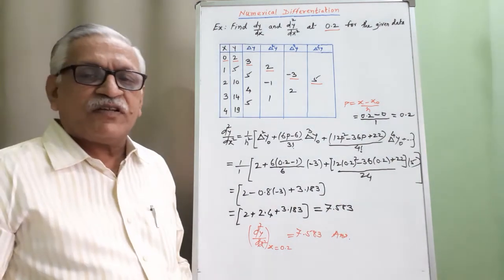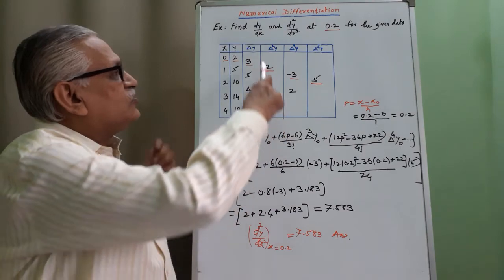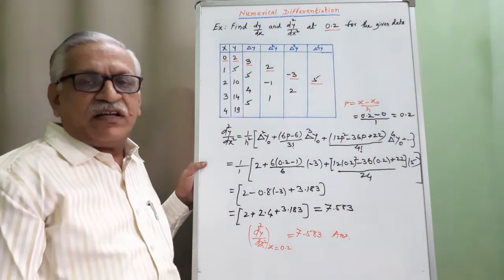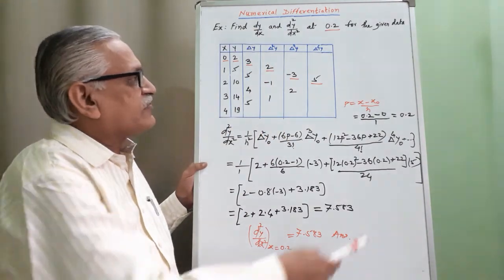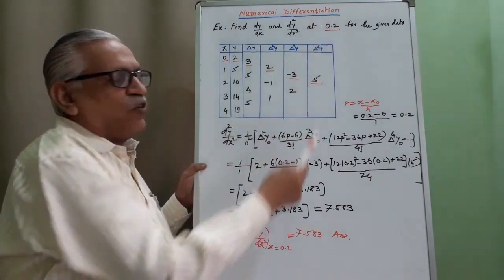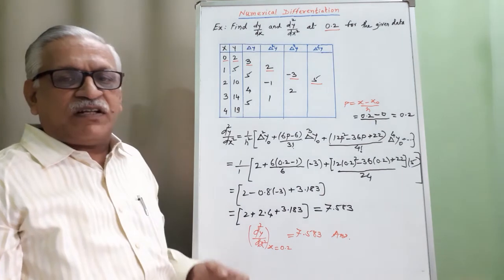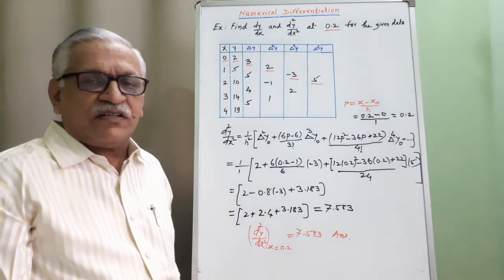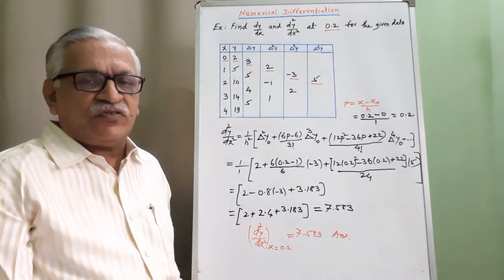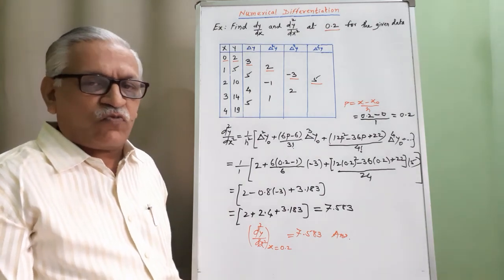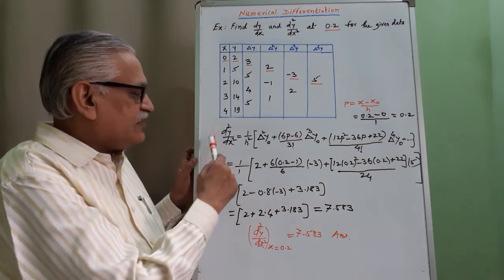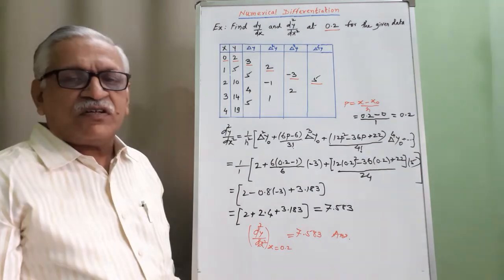Therefore, in this problem, I have obtained the two values: the first one dy by dx and the second one d2y by dx square. For the point 0.2, which is between 0 and 1, at the top of the table, we use Newton's forward interpolation formula, and using that we get the results of the derivative.